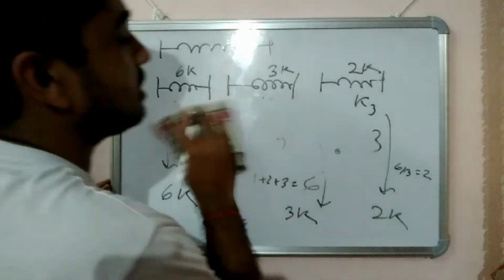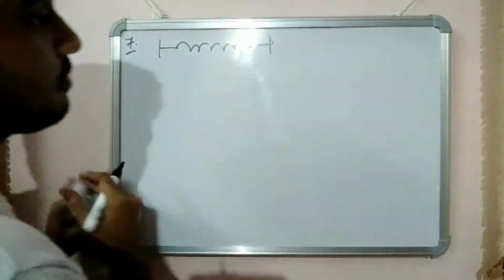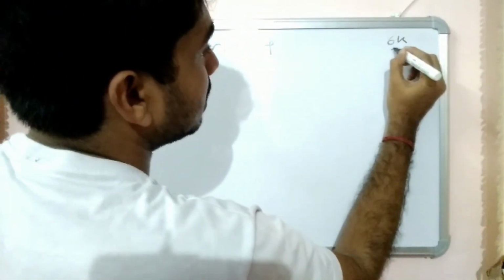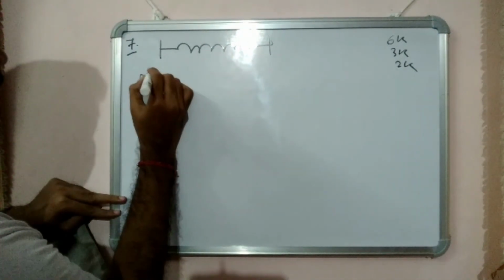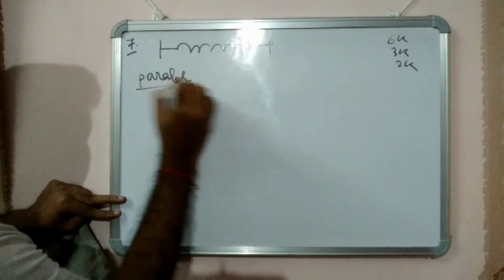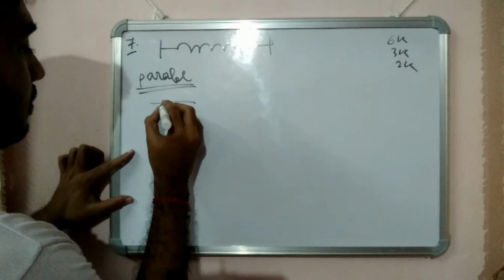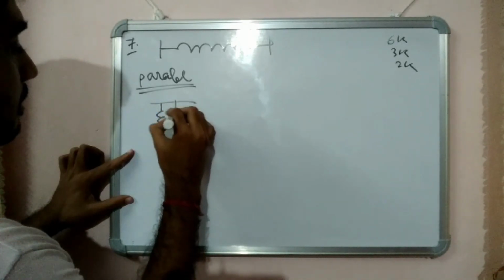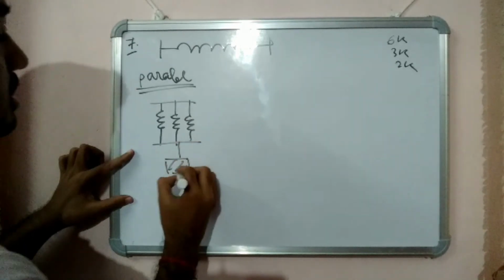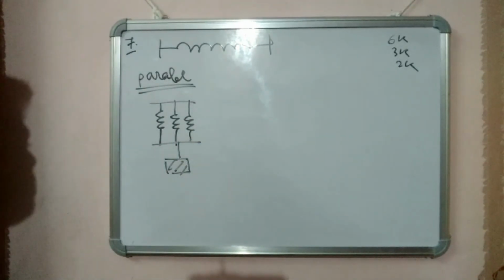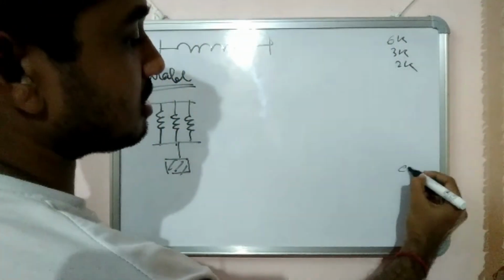Now it is connected. So 6k, 3k, 2k. Now when it is connected in parallel condition, in this condition the total spring constant will be, and always remember, springs act opposite to capacitors.